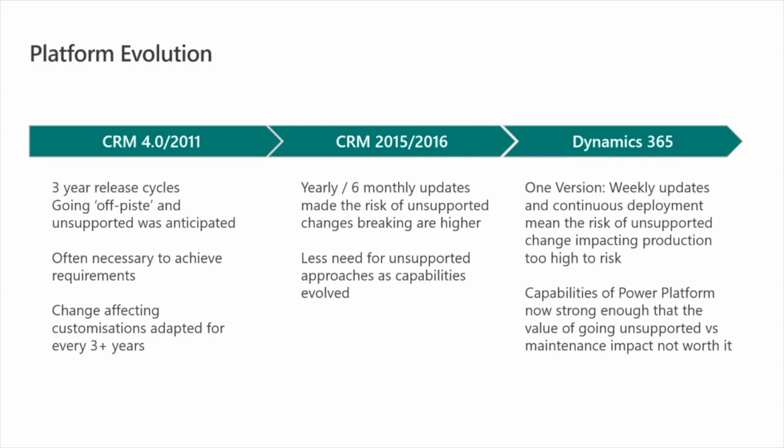With Dynamics 365 version 9, we moved to one version, and in fact, our entire customer base worldwide today runs on a single version. And we have got into the continuous deployment model where we do releases every week now. So there is no big upgrade that you need to go through. There is continuous deployment of updates.